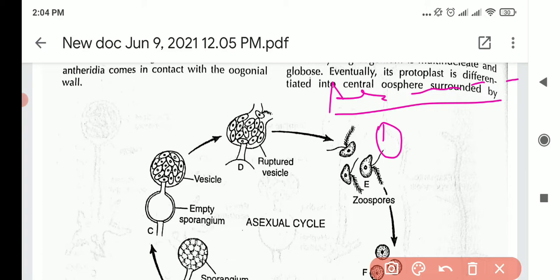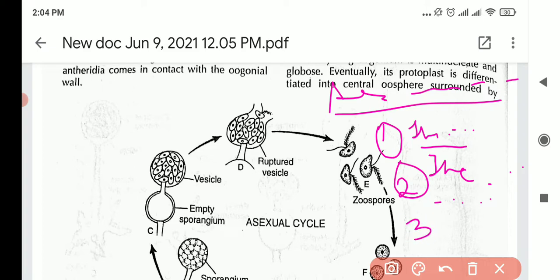Then you write, the multinucleate hypha will produce a vesicle at the tip or at the intercalary position. Then number 2 you write, the wall formation or cleavage happens inside the vesicle, which was multinucleate, to produce zoospores.